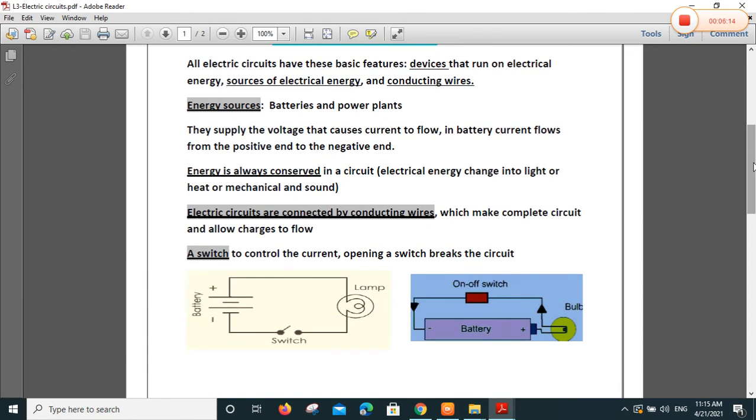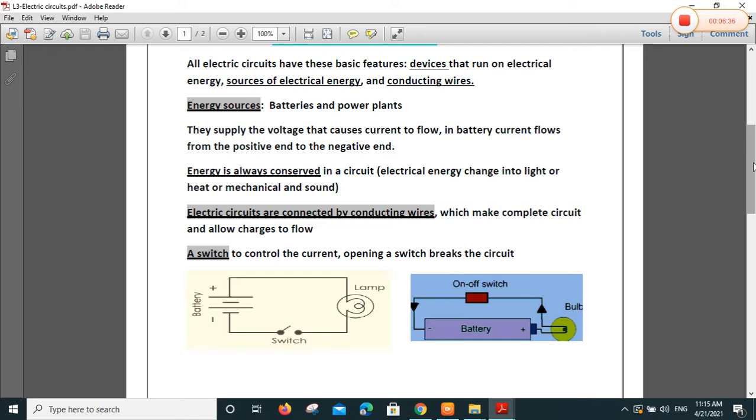Number two, energy is always conserved in a circuit. This is according to the law of conservation of charges. Electrical energy changes into other types, a transformation of energy.